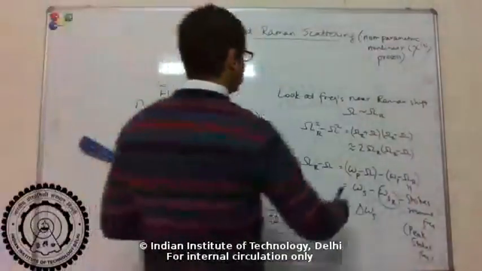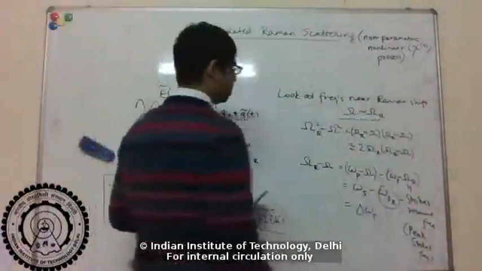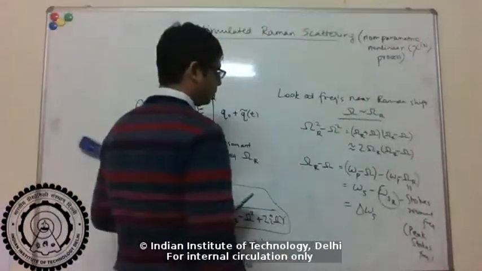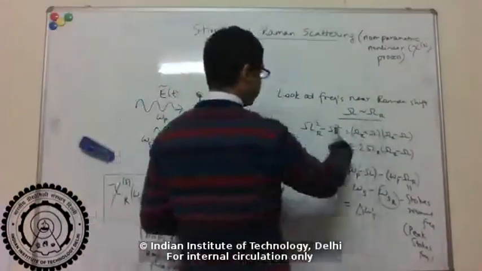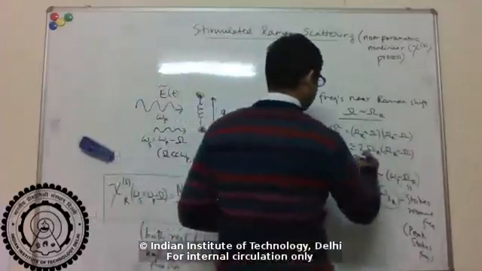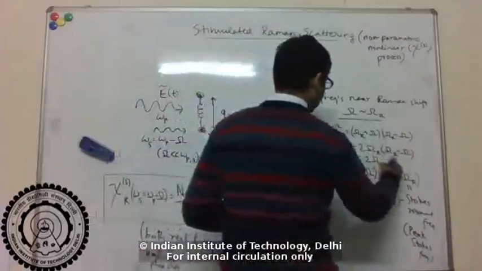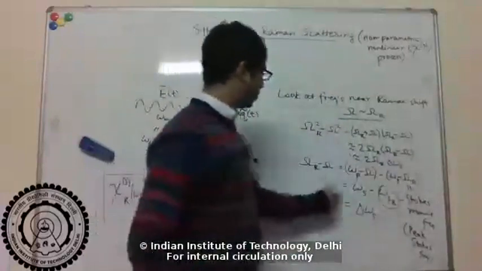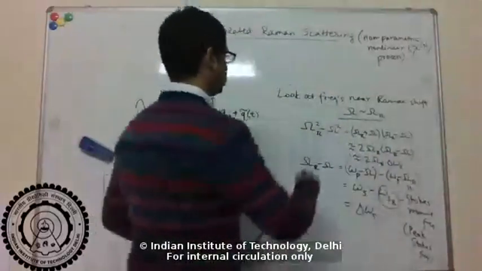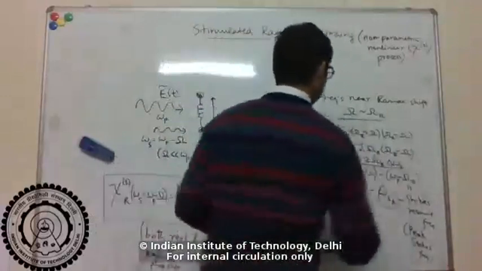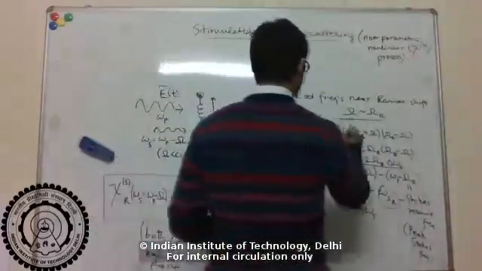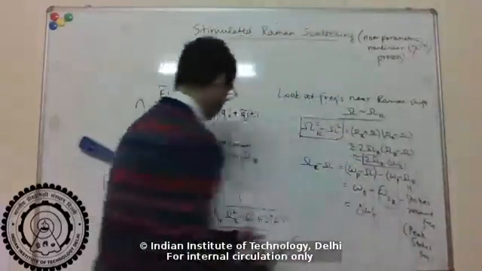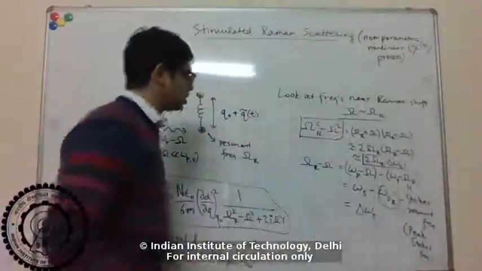Then for this, omega r square minus omega square, I can basically write as 2 omega r times delta omega s. So that's one approximation I make here.